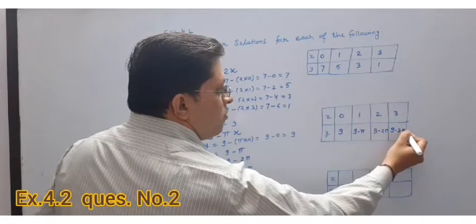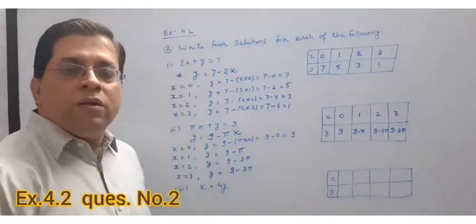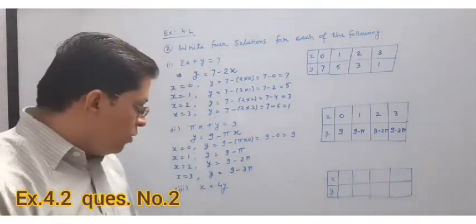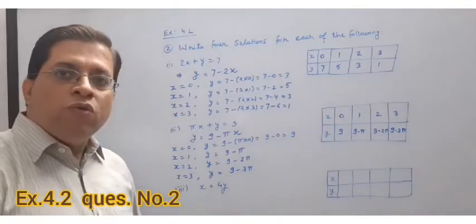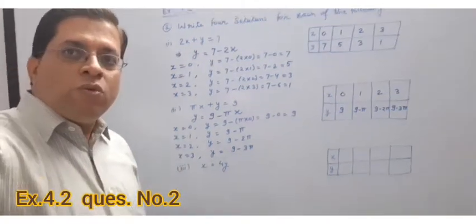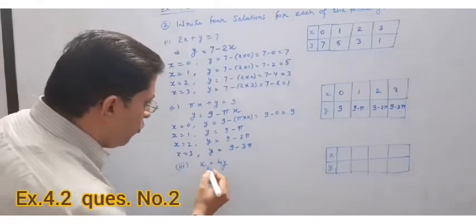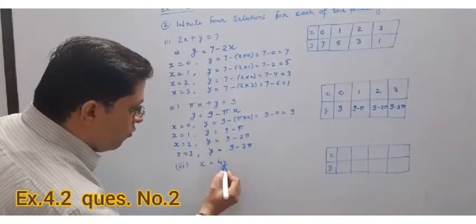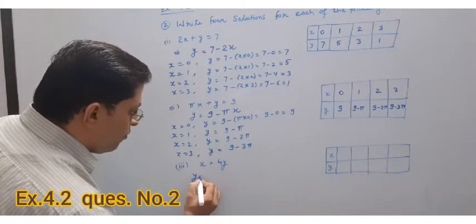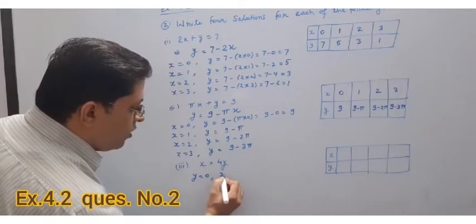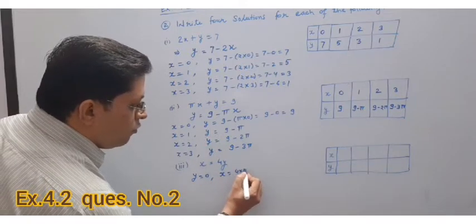Okay, then come on, one more: x is equal to 4y. So finding x is equal to 4y, directly it is clear, no? I have to put the value of y. If I take y is equal to 0, I can easily get 4 into 0, this is 0.